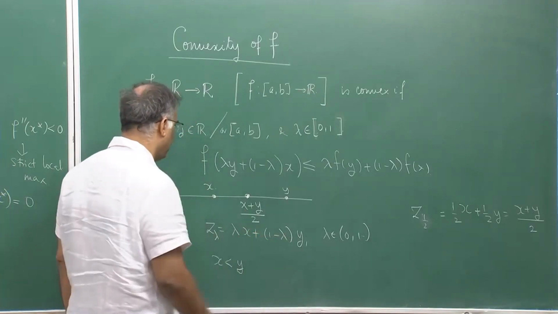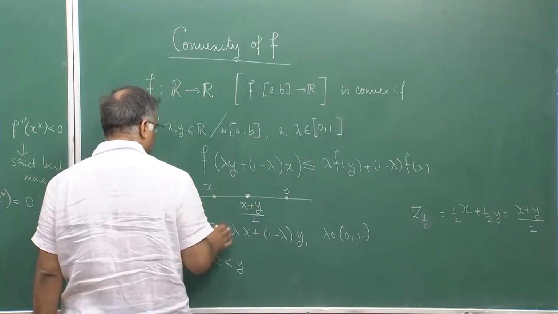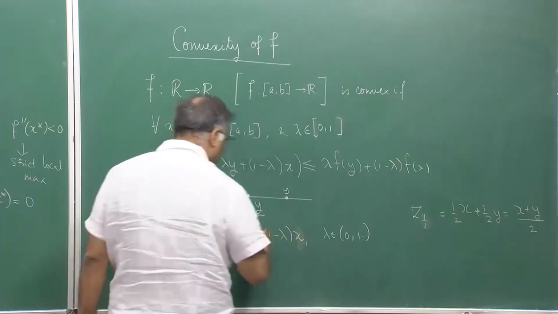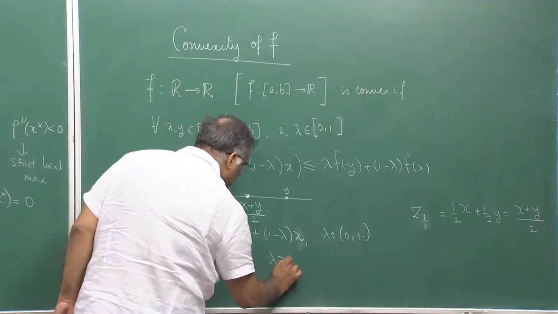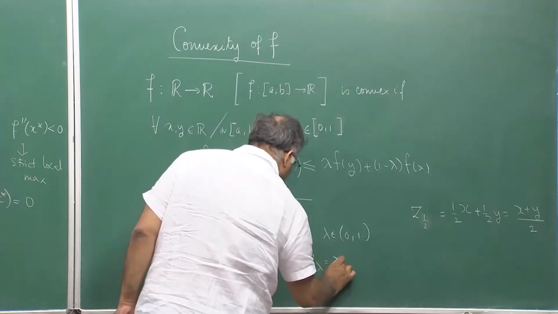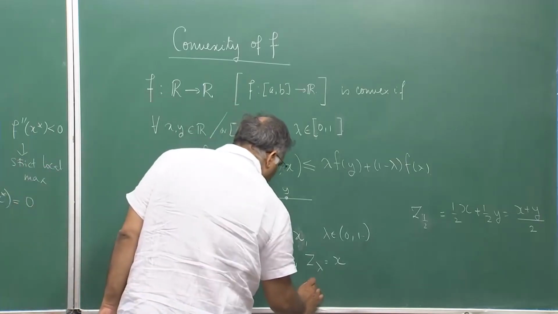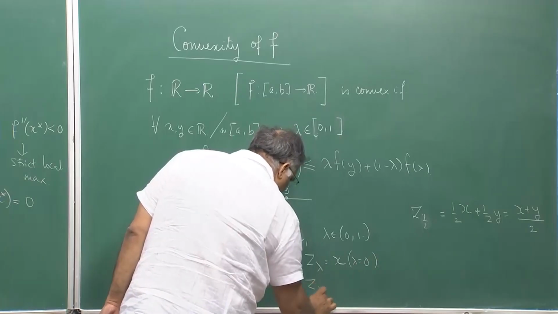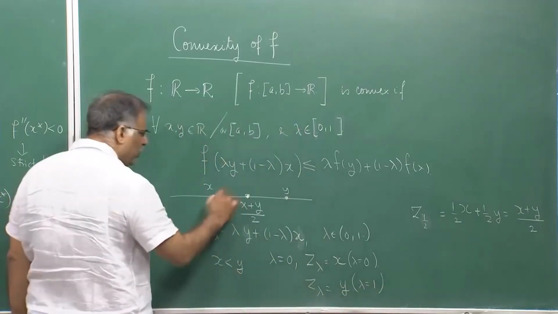Maybe I should write it like this, lambda y plus 1 minus lambda x, that is what I have put there. Sorry, I just make this change. So, if I put lambda equal to 0, z lambda is equal to x, and if I put lambda equal to 1, then z lambda equals y, and between 0 and 1 half lies.